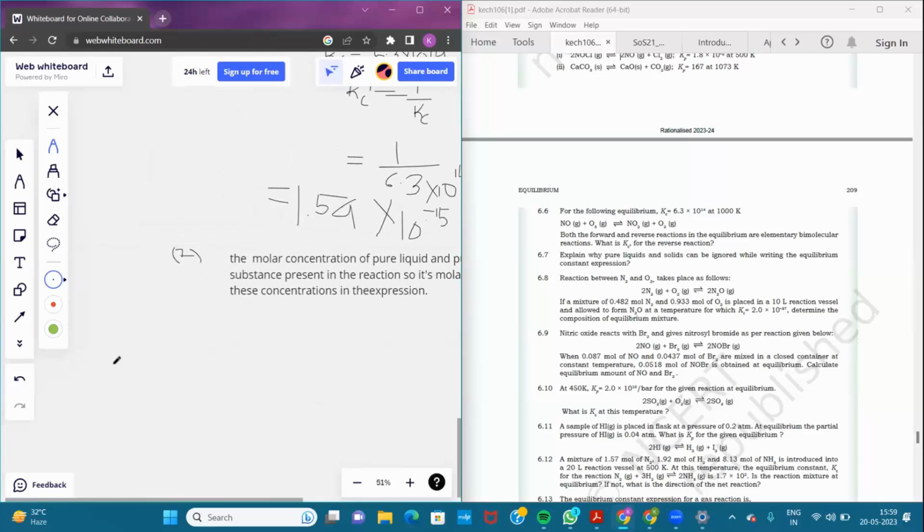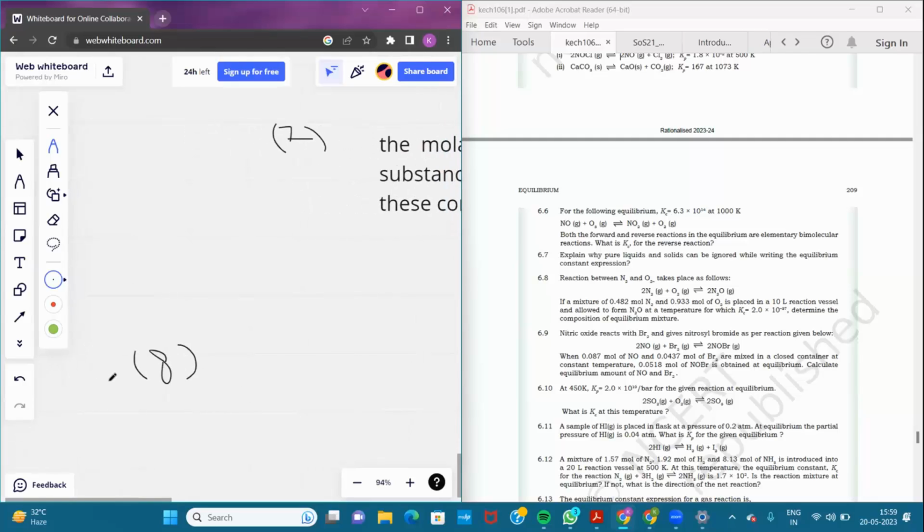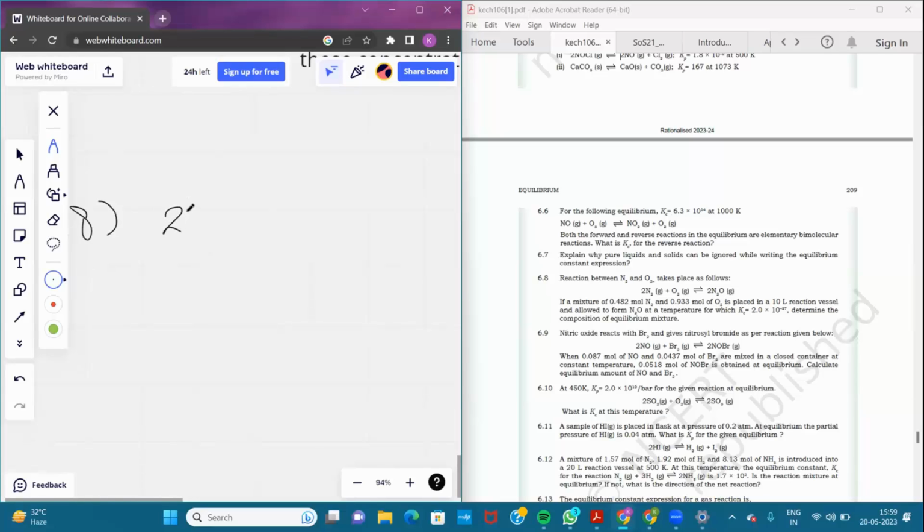Here, the initial concentrations of reactants were given, so we'll go on with those values. N2 plus O2, and the volume of the container is also mentioned, so we can get the concentrations easily.